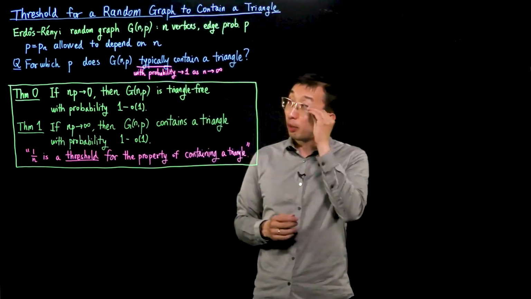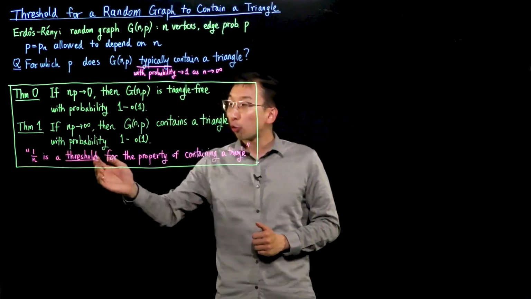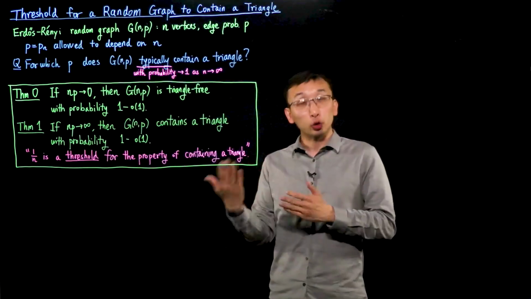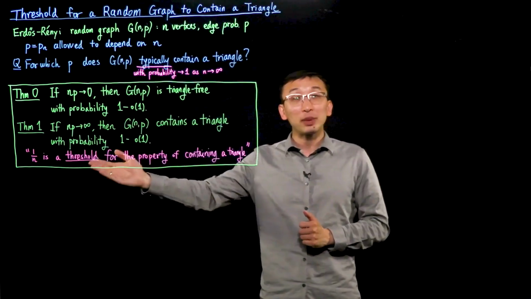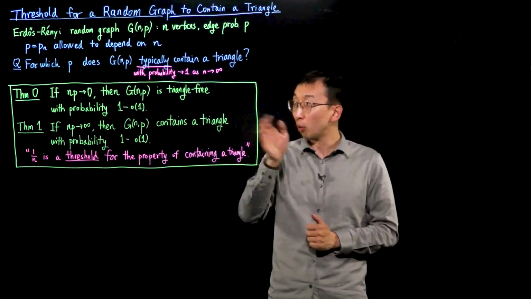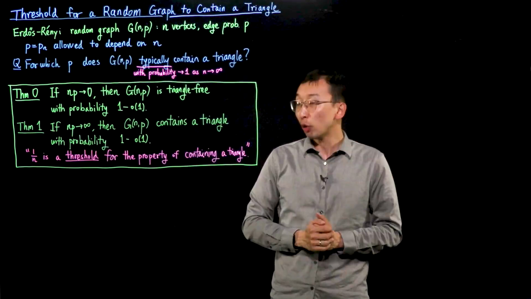One way to summarize both statements is the following. 1 over n is a threshold for the property of containing a triangle. To interpret the sentence, imagine if p is much larger than 1 over n, then we're in the Theorem 1 setting, then the random graph typically contains a triangle.